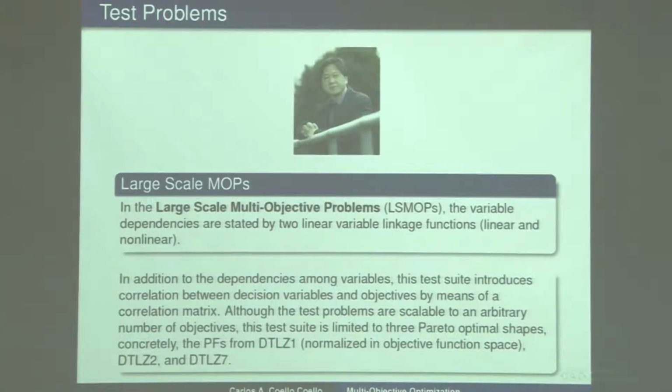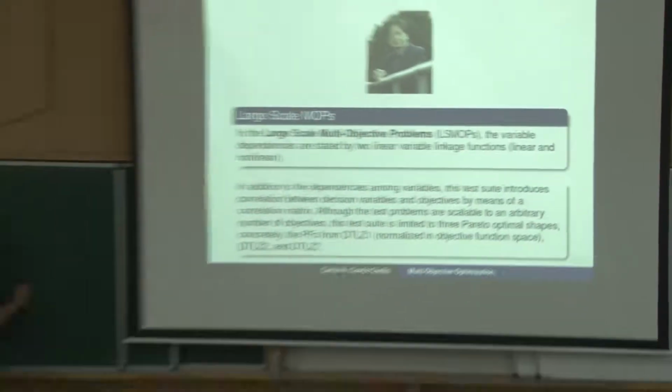And although in the benchmark the test problems are scalable to an arbitrary number of objectives, they basically use it with up to 3 objectives, which is something interesting because, as I mentioned before, if you have more than 3 objectives, that problem is called many objective.